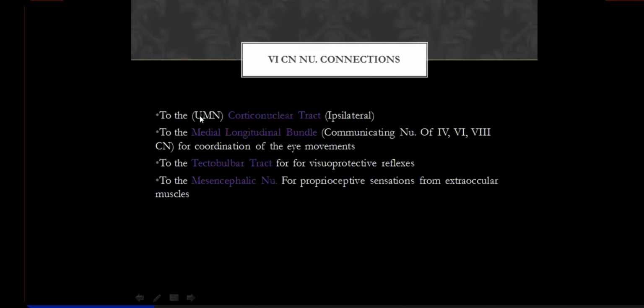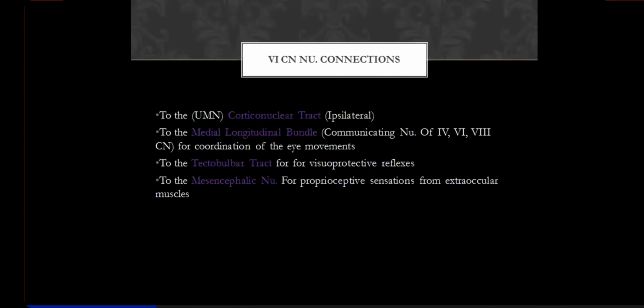It will also be communicating to the upper motor neurons, right? Remember, this is the corticonuclear tract. So it will communicate through the higher centers. Remember, I told you, move your eyes consciously as well as unconsciously.